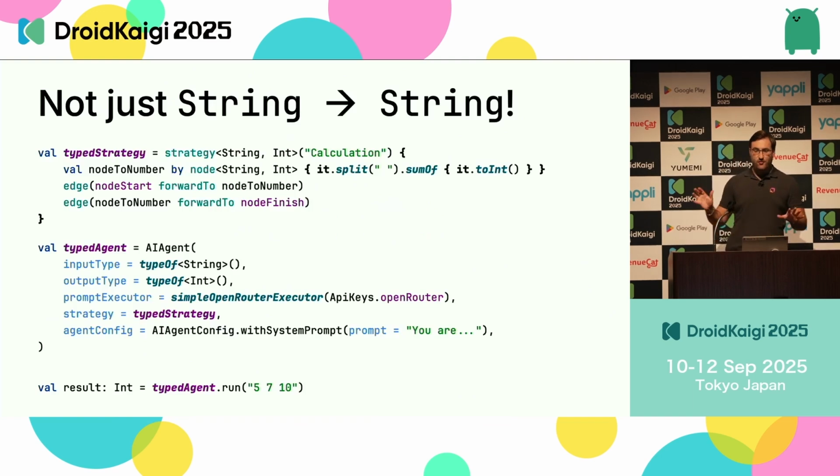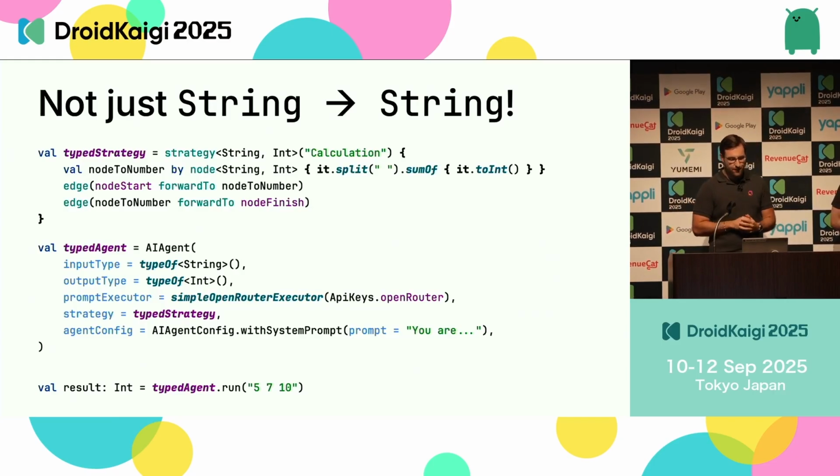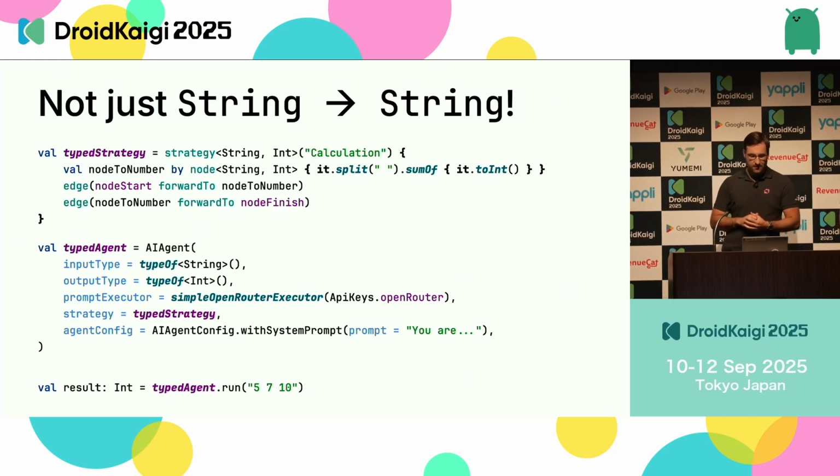And by the way, you're also not limited to strategies that take strings and return strings. Koog strategies have the full power of Kotlin generics and the Kotlin type system. That means you can define a strategy that takes a string as an input, but returns a number as an output. It can look somewhat like this. We specify the types, and we connect our node to a number node, and we get the sum of our input values.